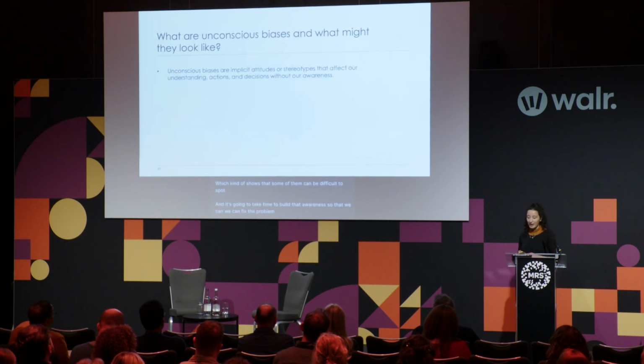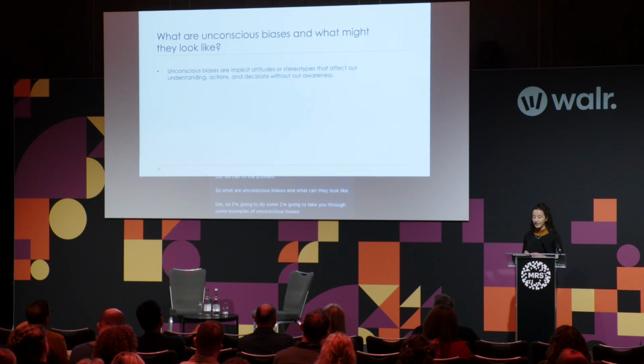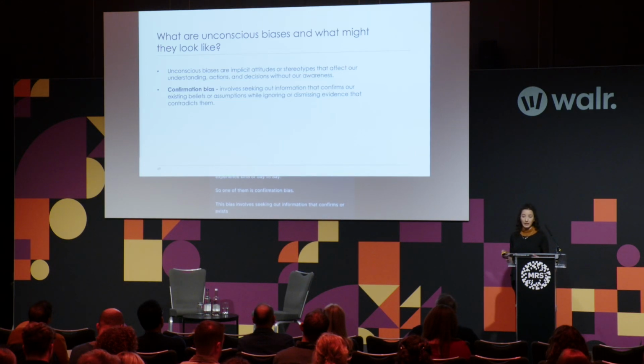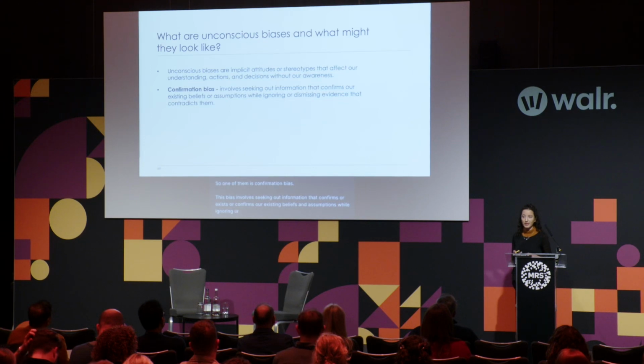So what are unconscious biases and what can they look like? I'm going to take you through some examples of unconscious biases that we might experience day to day. One of them is confirmation bias. This bias involves seeking out information that confirms our existing beliefs and assumptions while ignoring or dismissing evidence that contradicts them.